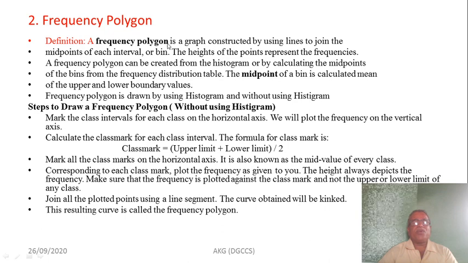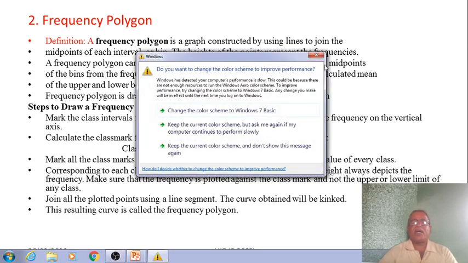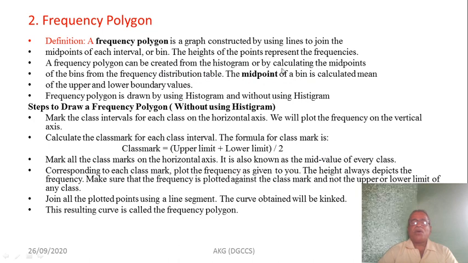So a frequency polygon is a graph constructed by using lines to join the midpoints of each interval. The heights of the points represent the frequencies. A frequency polygon can be created from the histogram or by calculating the midpoints from the frequency distribution table.